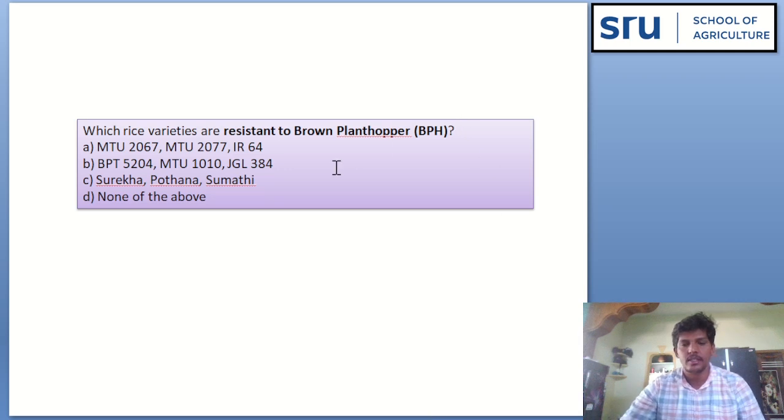Here the correct answer is option A. MTU 2067, MTU 2077, IR64 are resistant to brown plant hopper.